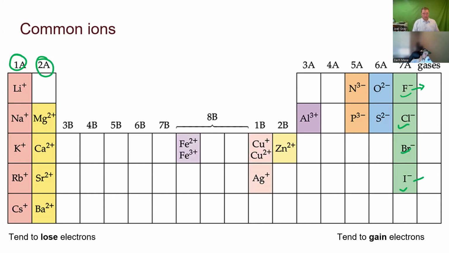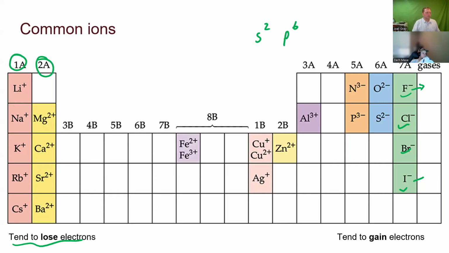One of the reasons I think it's helpful to learn electron configuration is because then you can say s2p6. That's what everything wants to get to. On the left-hand side, you're going to lose electrons to get to that. On the right-hand side, you're going to gain 1, 2, or even 3 electrons to get there.